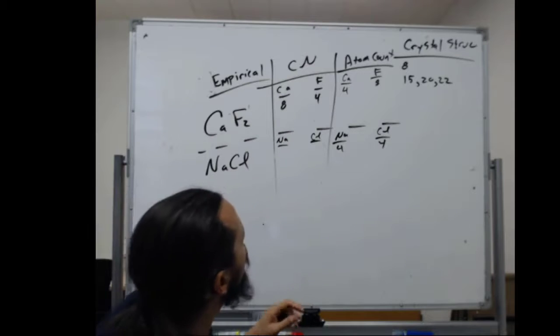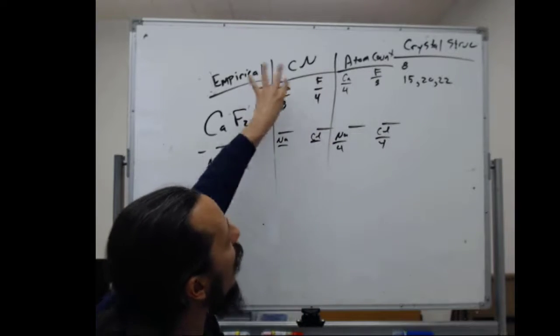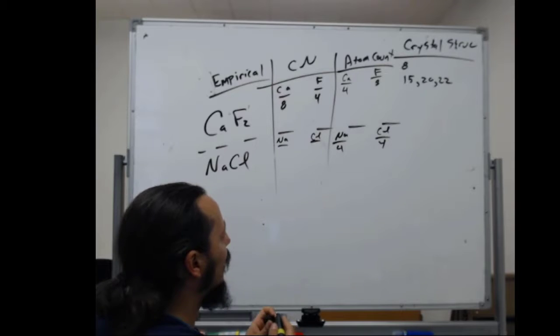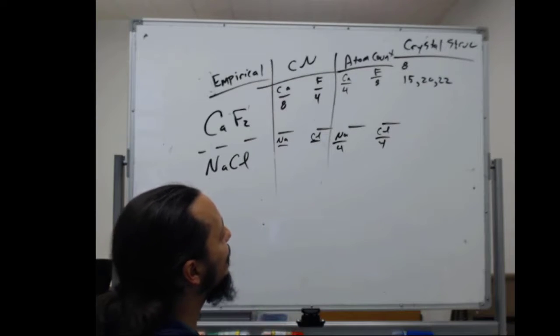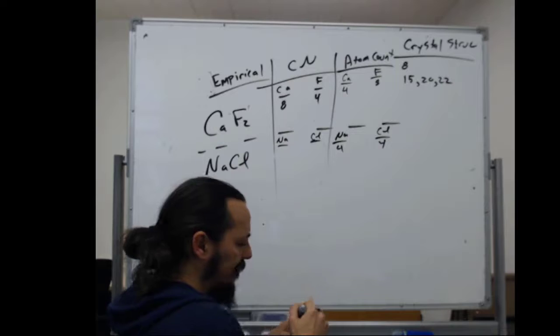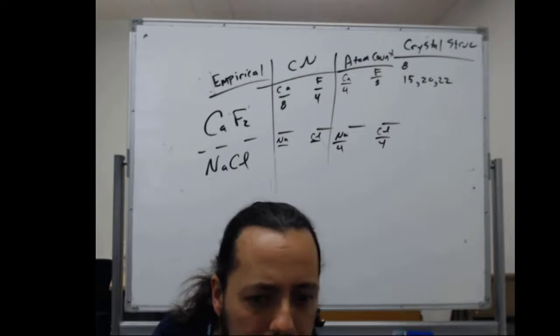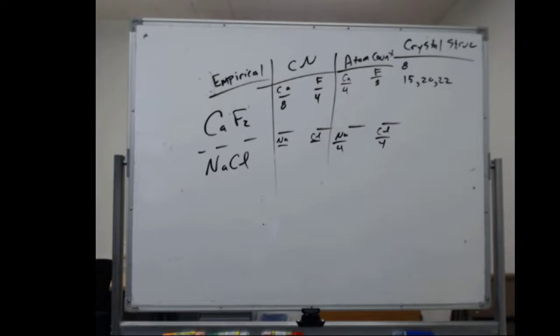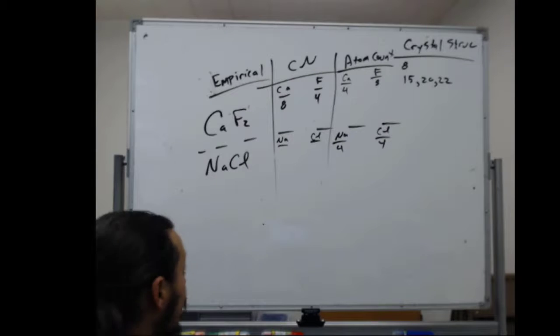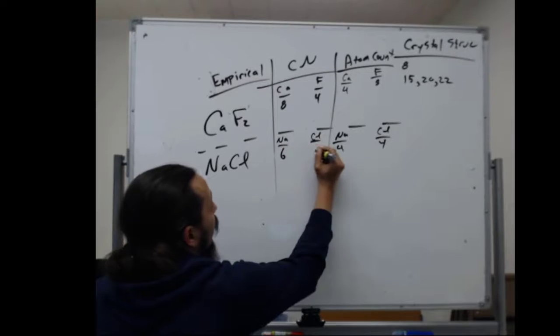But the question is, how can we relate all of this information to the periodic trends, and is there some self-consistency there? And now I want to double check. If we look at sodium chloride, it is 6 and 6 for the coordination number.